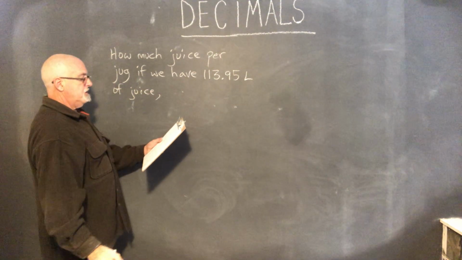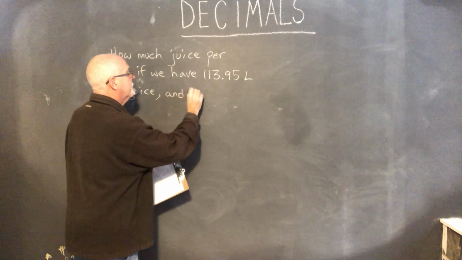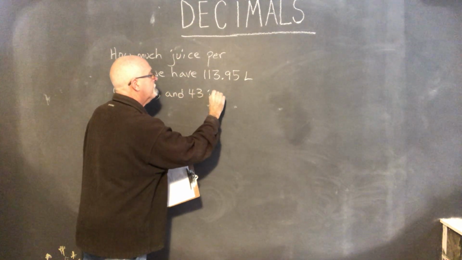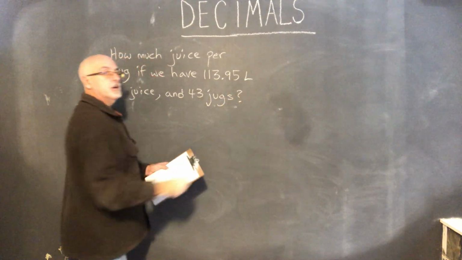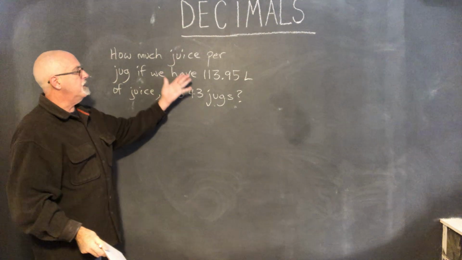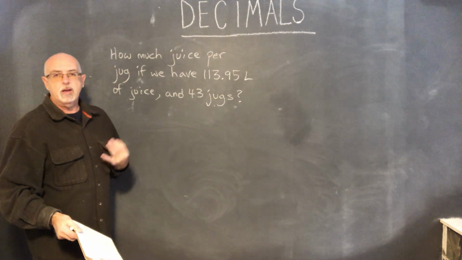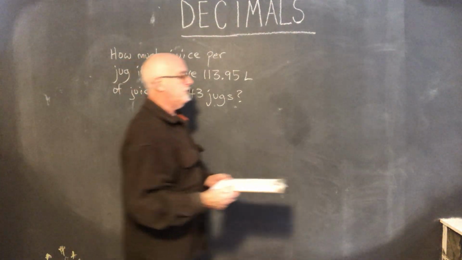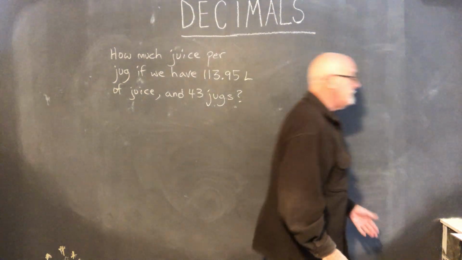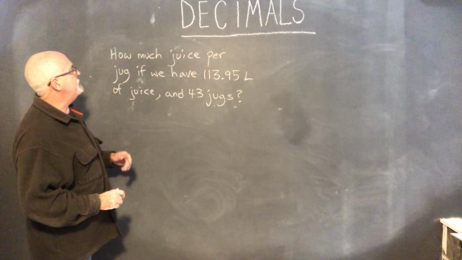I'll put a comma. And 43 jugs. Question mark. Okay, now I admit, normally I would use a few more words and make this word problem a little bit more grammatical. But because I'm writing it out on the chalkboard and trying not to take too much time to do it, I end up being a little shorthand and abbreviated.